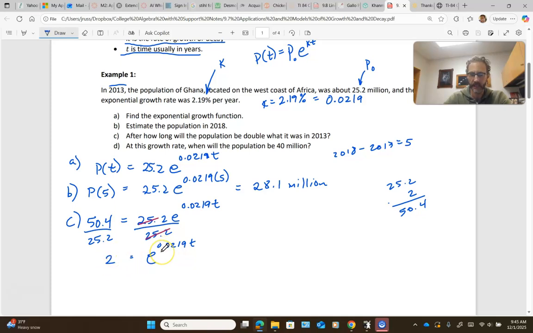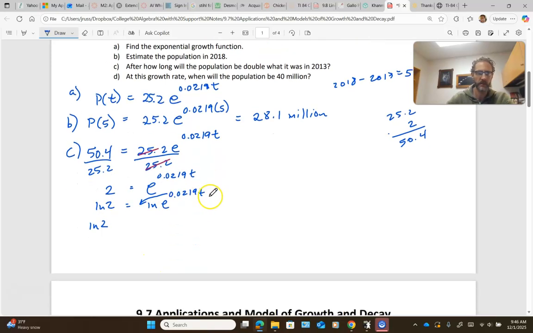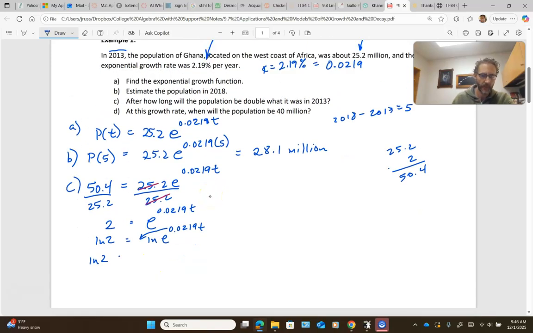Now I'm going to take the natural log of both sides. So the natural log of 2 is equal to the natural log of e, and all this in the exponent's place. And like I said, this exponent will move out in front, so we'll have the natural log of 2 is equal to 0.0219 times t times the natural log of e.